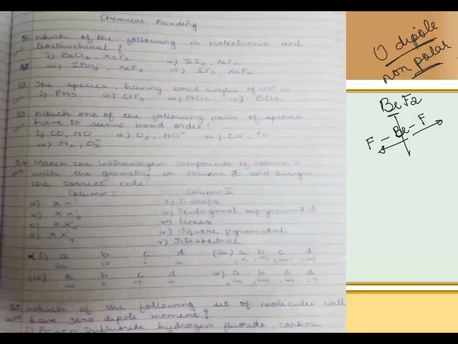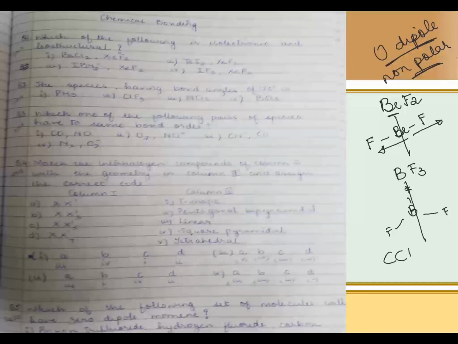Okay, BeF2 non-polar. BF3 once again non-polar. Boron doesn't have any lone pairs there, and it's a symmetrical molecule. CCl4 also is a symmetrical molecule where dipole moments get cancelled out. This acts in this direction, this acts in this direction, dipole moment is getting cancelled out in CCl4.